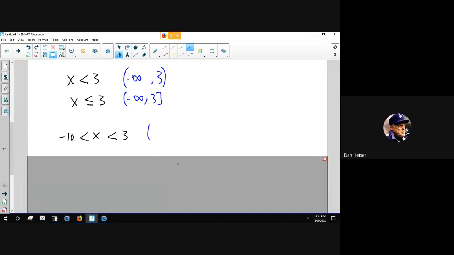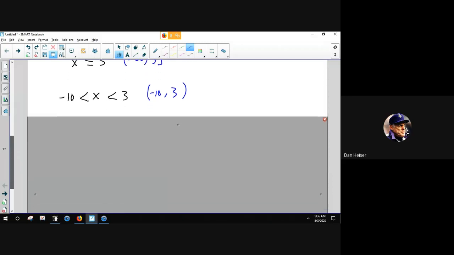So that tells me I have a parenthesis on each end. X can be anything between negative 10 and positive 3. Here's the interval notation for this inequality. Double parenthesis because x cannot be either of those values.